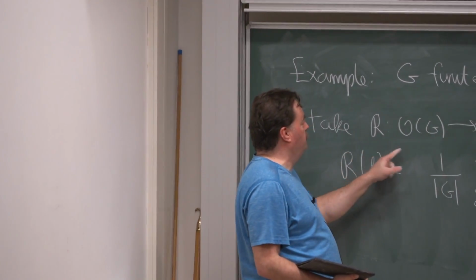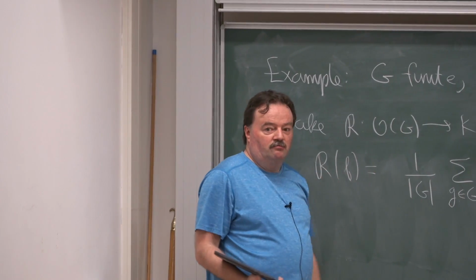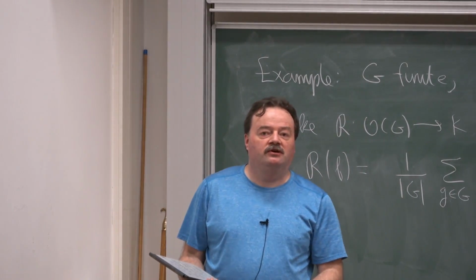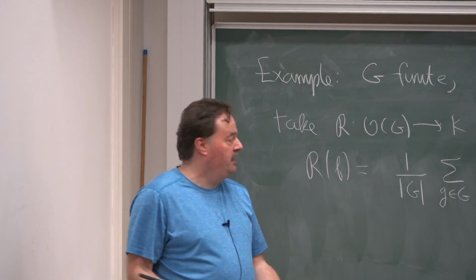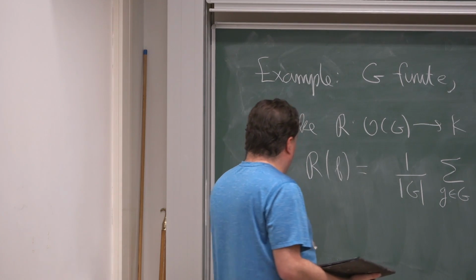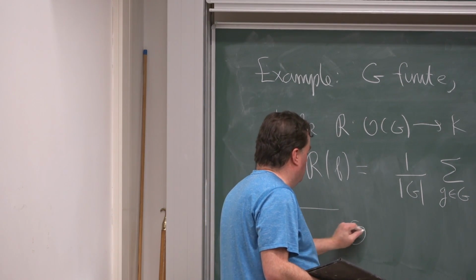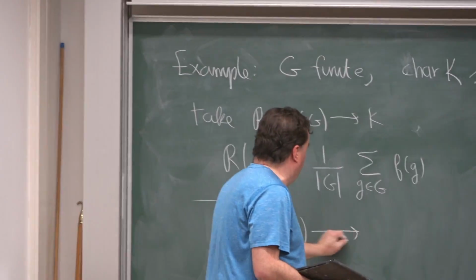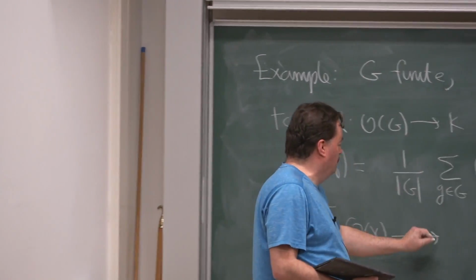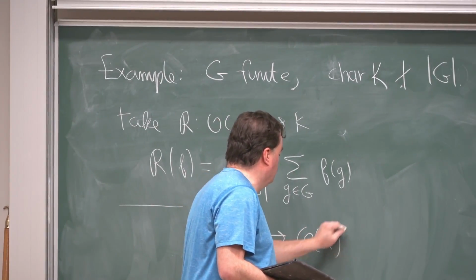This R is now only defined on O(G), but more generally, if you have an affine G-variety X, then from this you can construct, and I will do that next time, a map from the coordinate ring to the invariant ring.